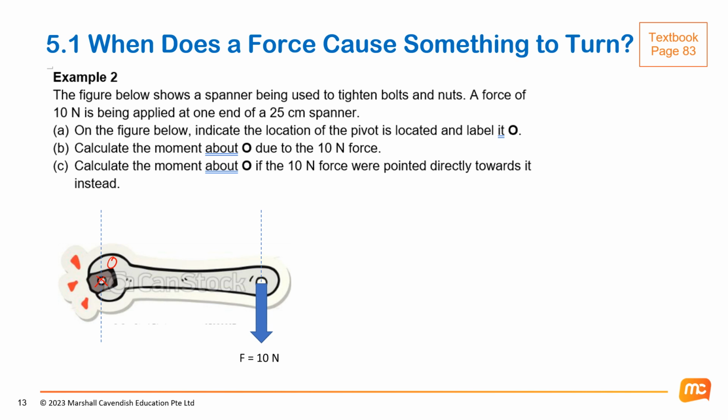Now for part B, calculate the moment about O due to the 10 Newton force. So we then apply our simple formula again. Moment equals to F times perpendicular distance. This gives us 10 Newtons multiplied by 0.25 meters. Okay, just do a quick conversion in your head, 25 cm to meters. And then this will get us 2.5 Newton meters.